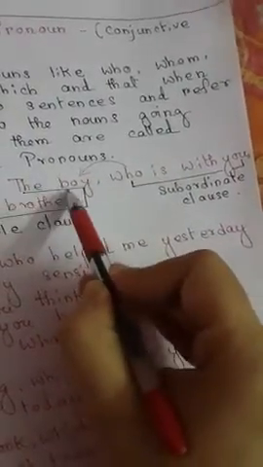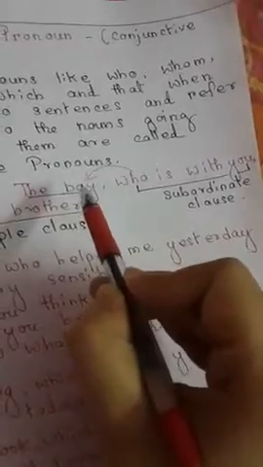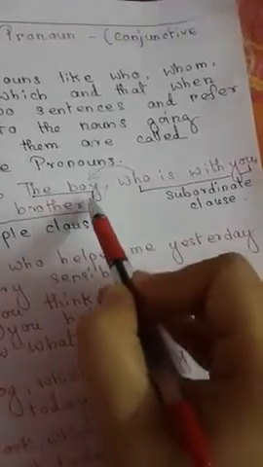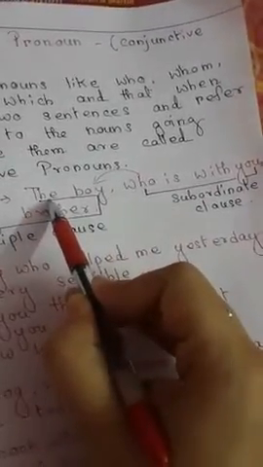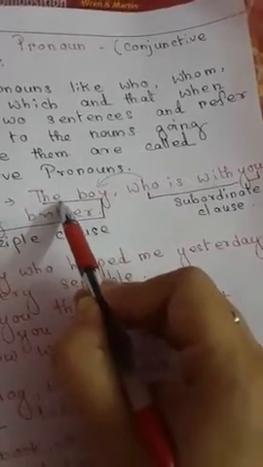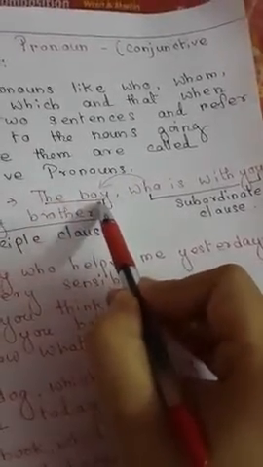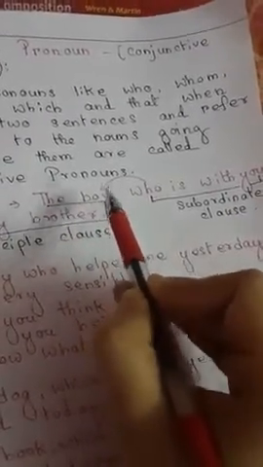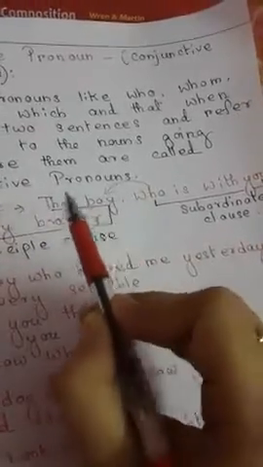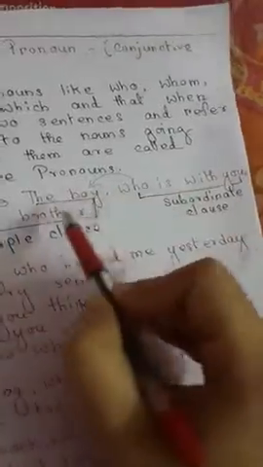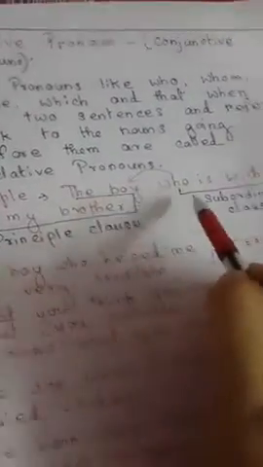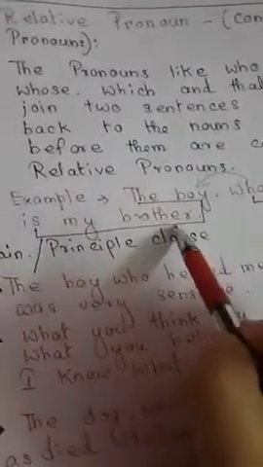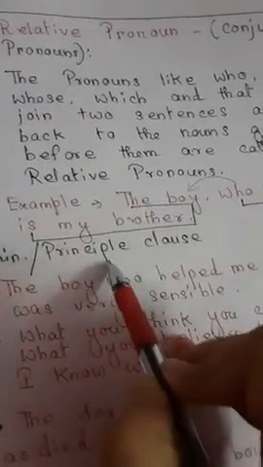When we are talking about a definite person, a particular person, the article the is used, because the is the definite article. So the boy means the boy about whom I am talking now. Here, who is with you is the subordinate clause, and the boy is my brother is the main clause or the principal clause.